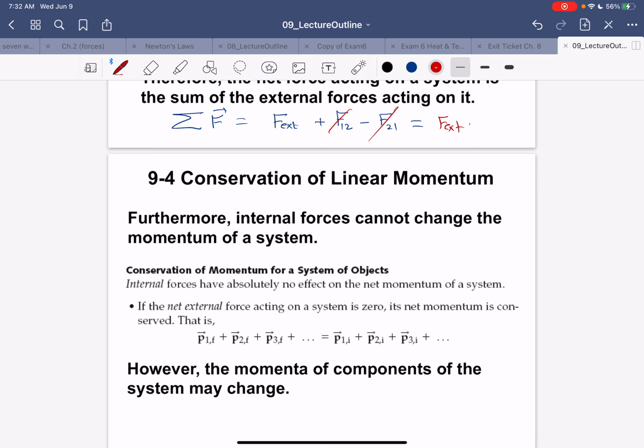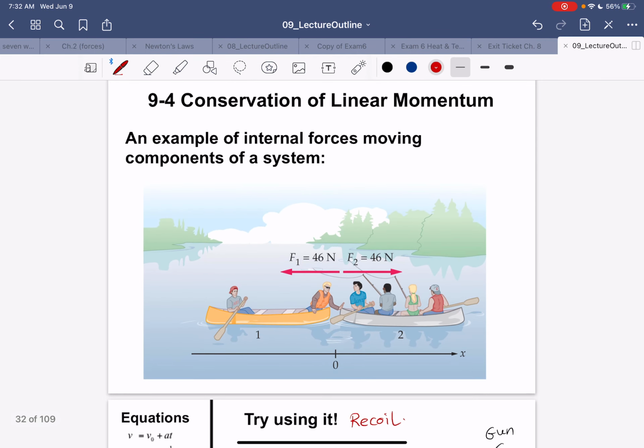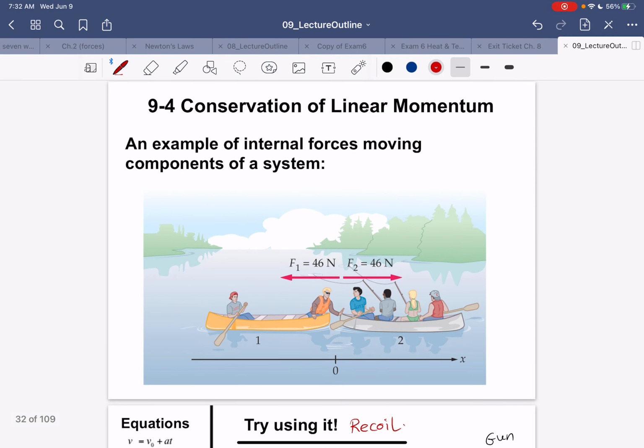Now, internal forces cannot change the momentum of the system, and if I have an external force, then it will change the momentum of the system. If I don't have an external force, then momentum is conserved. It will not change. Here is an example of internal forces, moving components of a system.